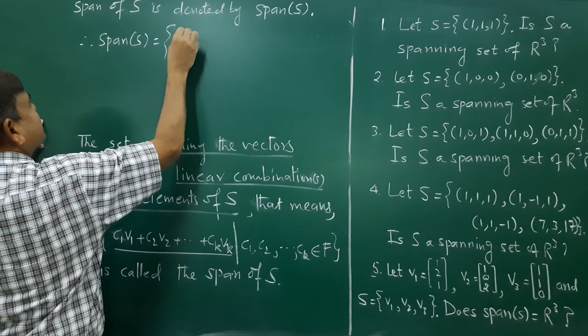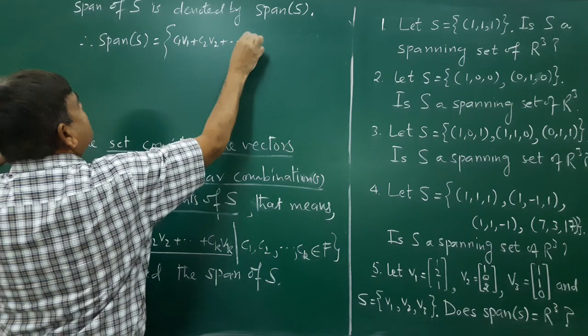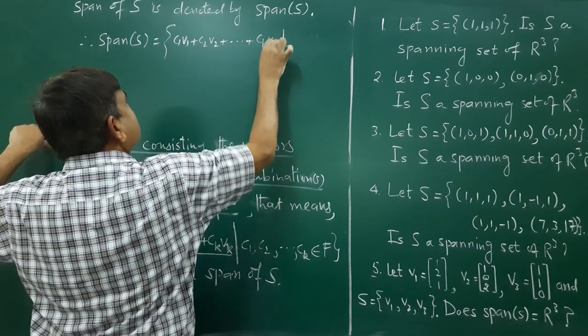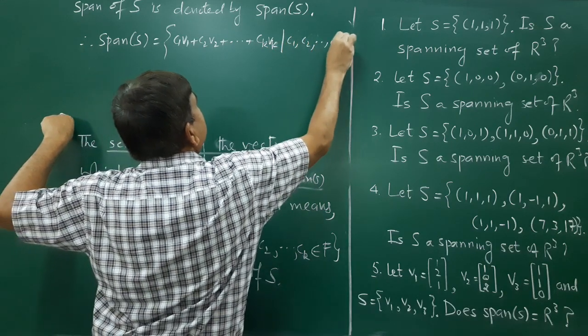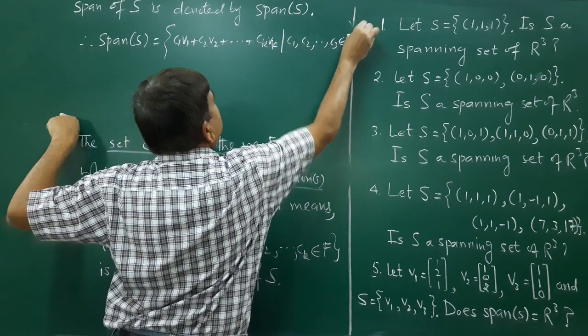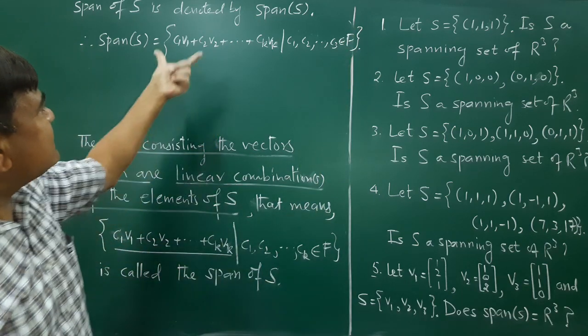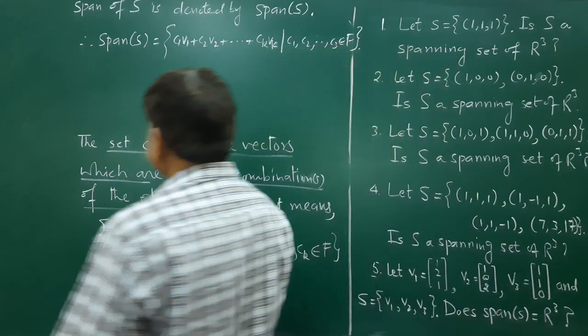So it is C1 V1 plus C2 V2 up to Ck Vk, such that C1, C2 up to Ck belong to F. So this is the set of linear combinations.